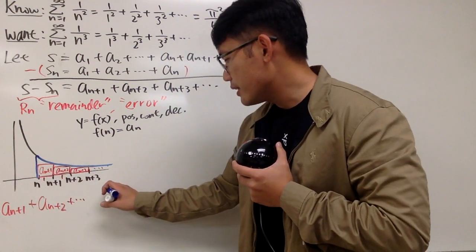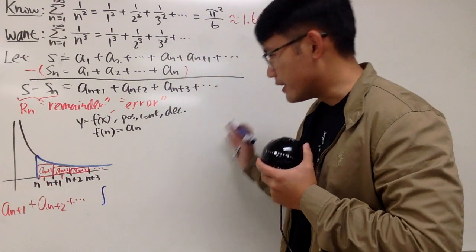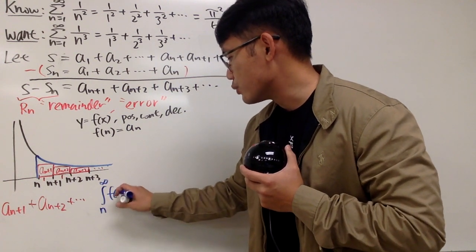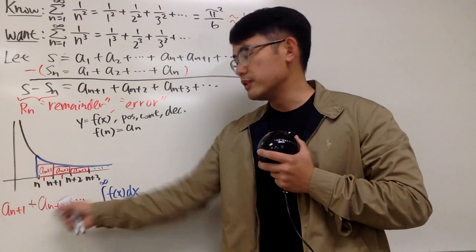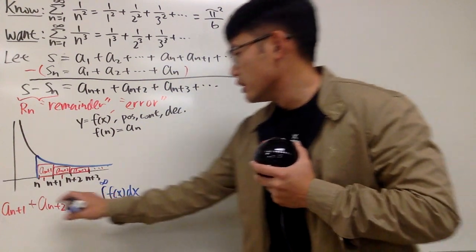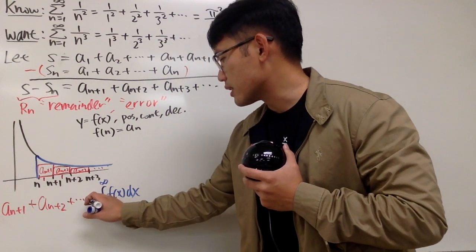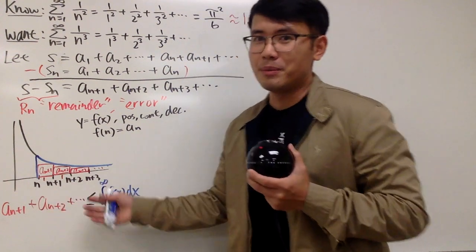So if you put down the integral from n, right? This right here is actually n to infinity because we are going all the way, n to infinity, and of course you put down the function dx like this. Well, what's the connection between this and that? Of course, this right here is less than or equal to, because sometimes, just put on the equal to, why not? But in some situations, they may be equal.